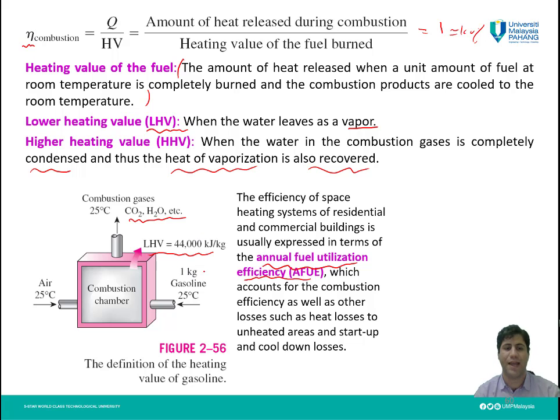It can be natural gas instead of gasoline. You know how much energy is released, but some of this energy is lost in the house. If we also include those losses of energy in our calculation, we can calculate the annual fuel utilization efficiency of that building for the required energy for that building.